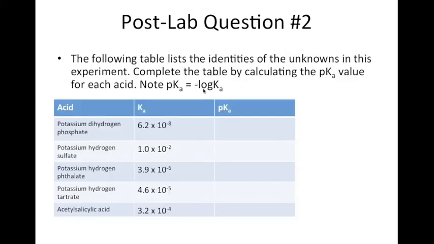Question number 2. We pretty much have to find the pKa of each of these substances, so we take the negative log of the Ka. First one is 7.2. Next one is 2.